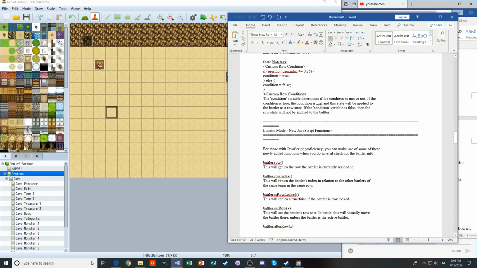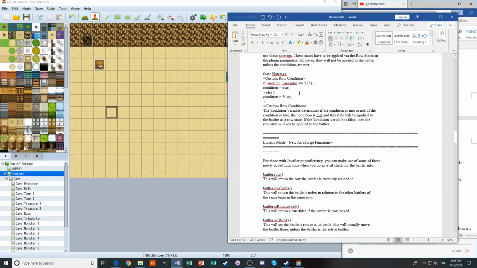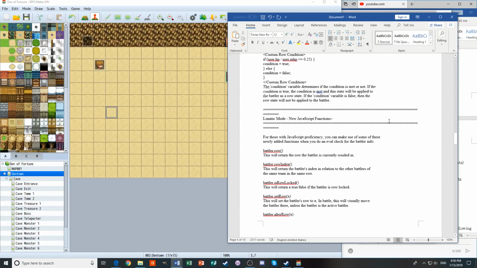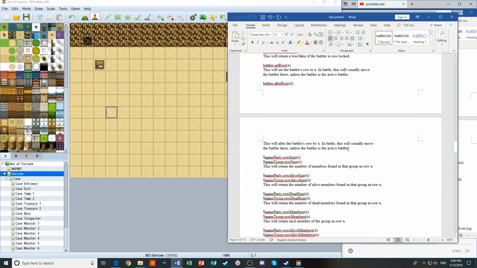I guess really what I want is I just want to look at the JavaScript functions instead of trying to make sense of this. Okay, this will return the number of members found in that group at row X. Number of alive members.